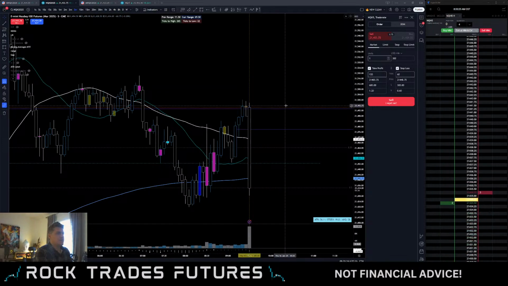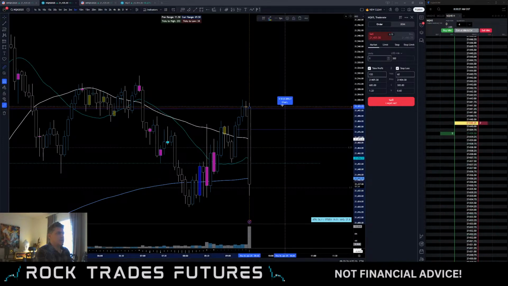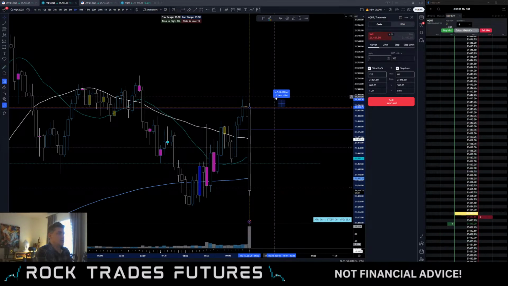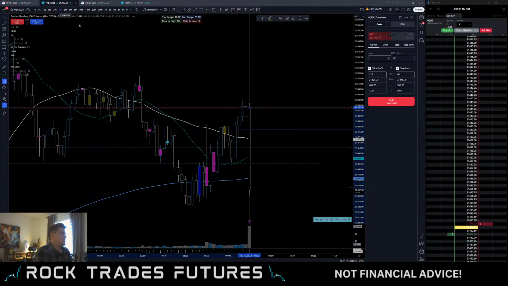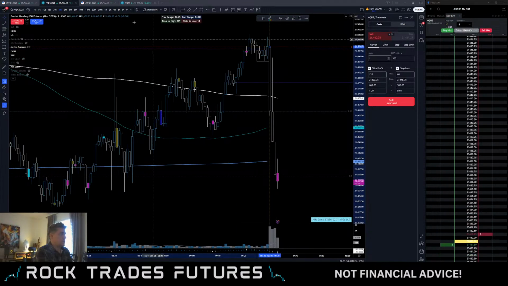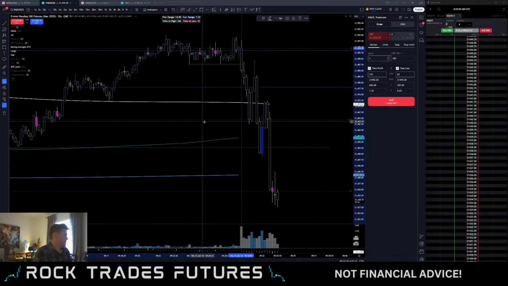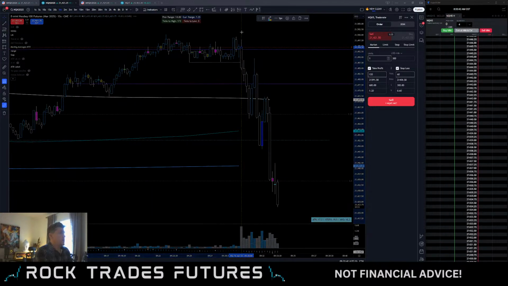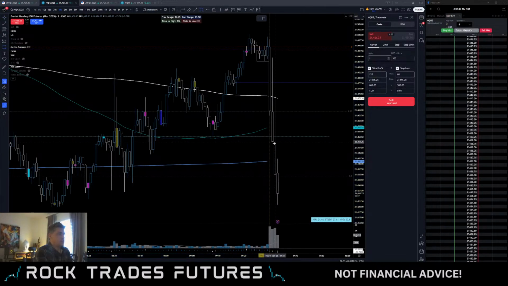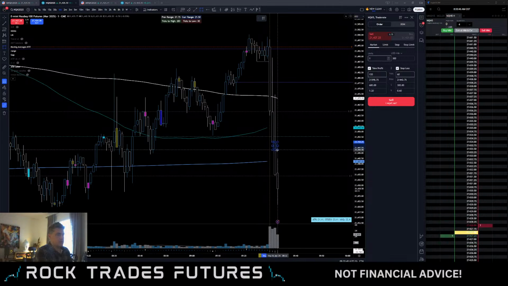And the risk is surprisingly small. From here to there is not even 6 points. But still, it's a gamble. It is a gamble. So do we have our initial imbalance created on the 1-minute here? 15 seconds to tell us.